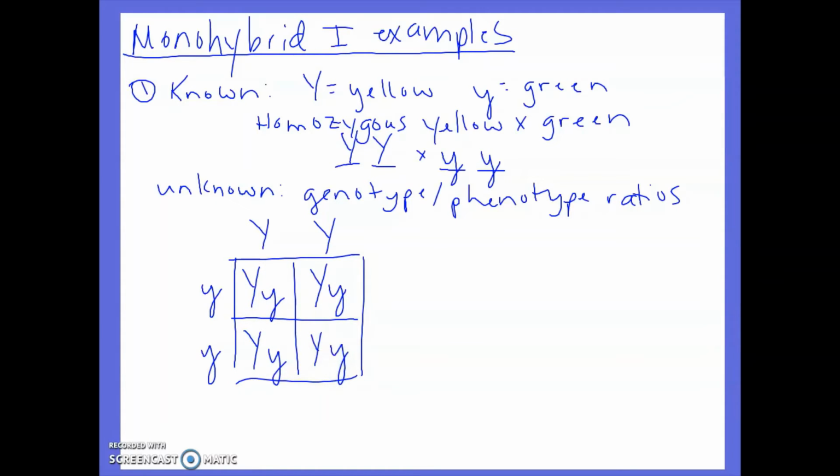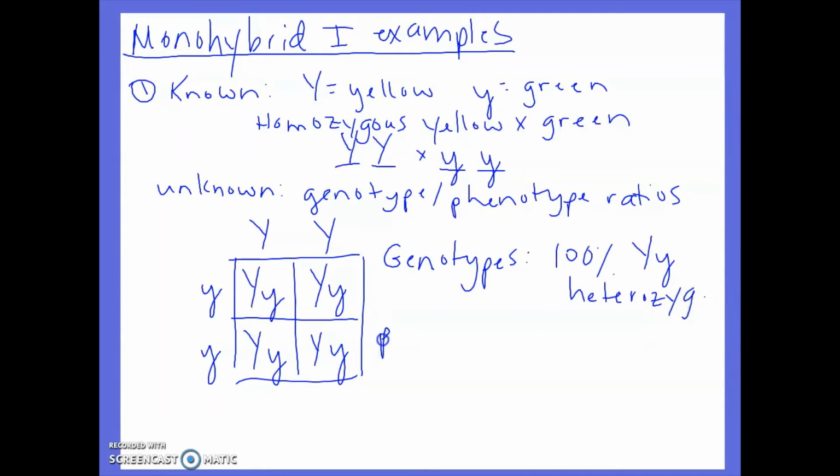Whenever we do this, we find that our genotypes are going to be 100% capital Y lowercase y, or heterozygous, and that our phenotypes, which is what it looks like, the physical traits, are going to be 100% yellow. And I know what you're saying, I didn't write it as a ratio. We can also include it as percentages, so I'm going to show this one as percentages, and then I'll show the next one as a ratio.